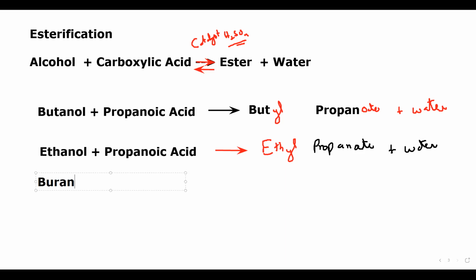Another example, if we have butanol plus ethanoic acid, what will be the name of the ester formed? The first part of the name is coming from the alcohol and the second part is from the carboxylic acid.